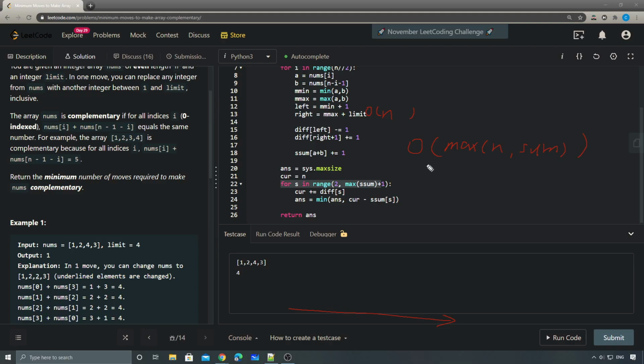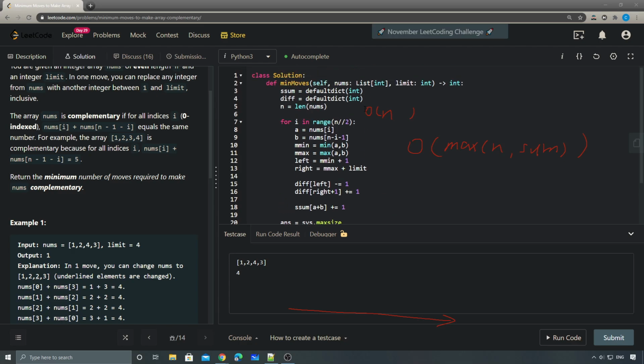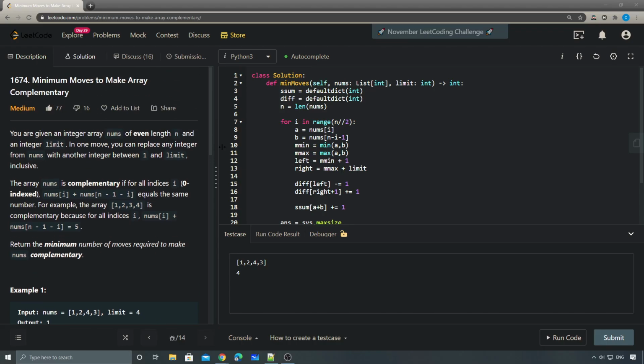That's going to be our time complexity. And the space complexity is of course O of n, because of these two dictionaries here. Yeah, that's basically the intuition for this problem.